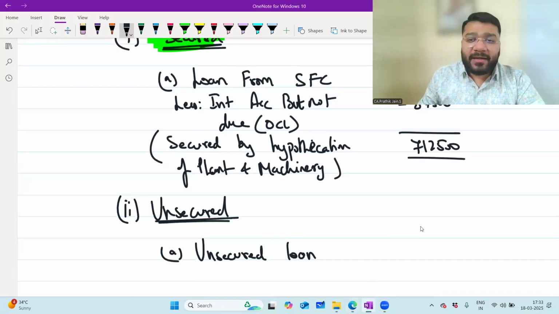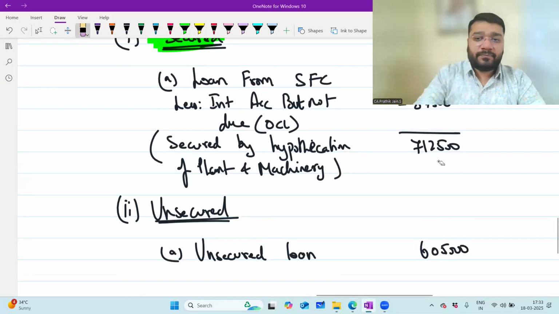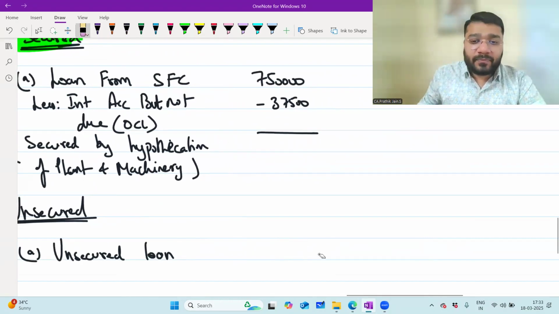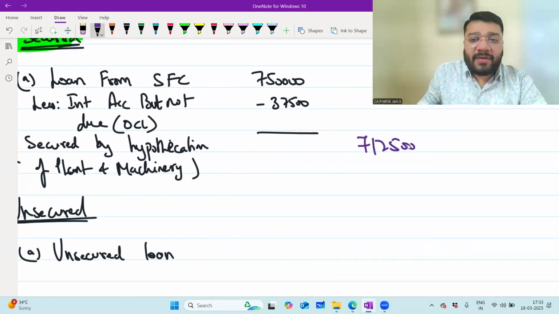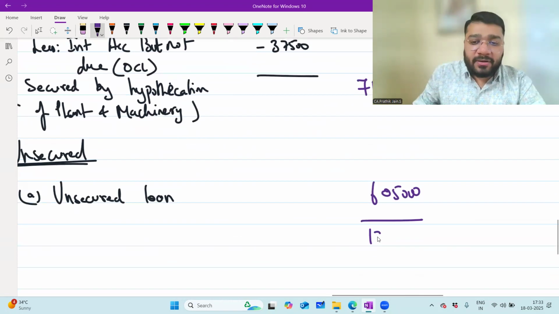No, directly 6 lakh 5,000. So 6 lakh 5,000. So now I have to put this in the outer column. 7 lakh 12,500 and this is 6 lakh 5,000. 13 lakh 17,500. 13 lakh 17,500.